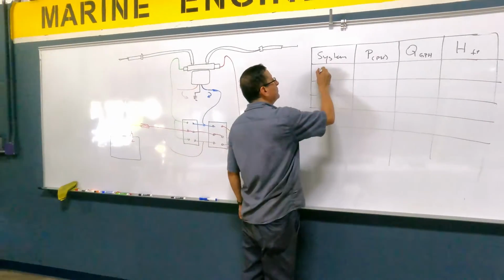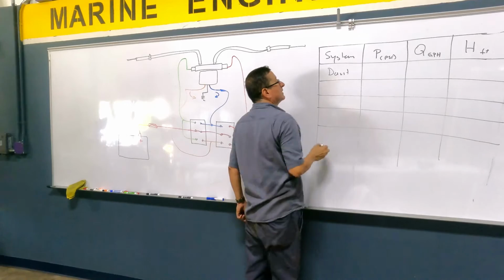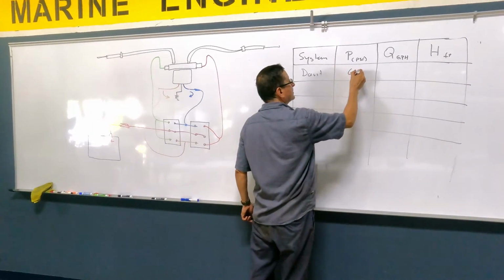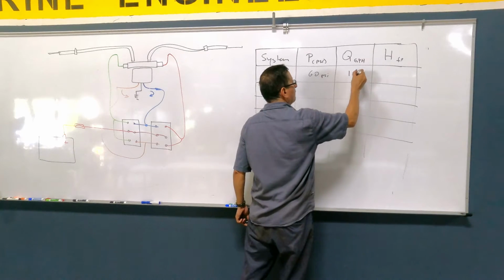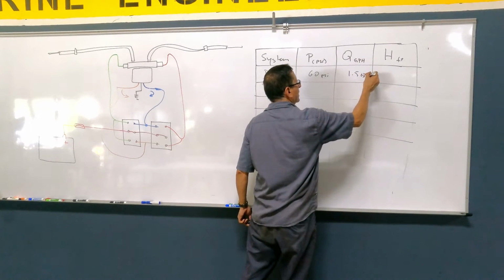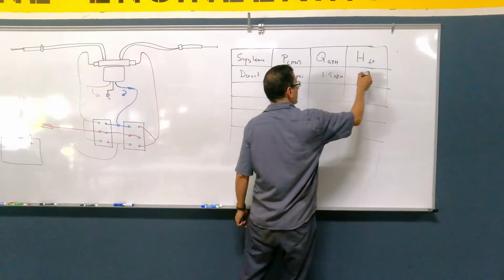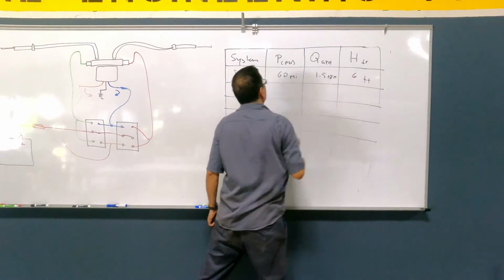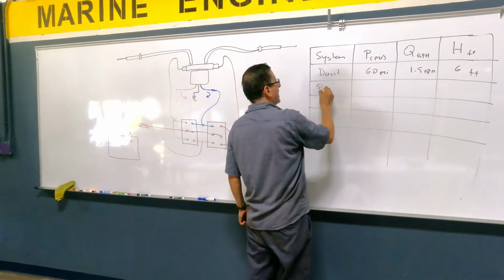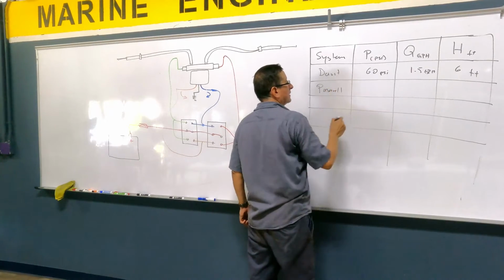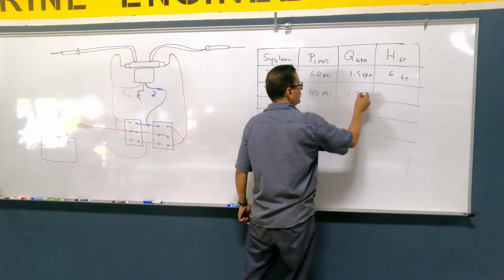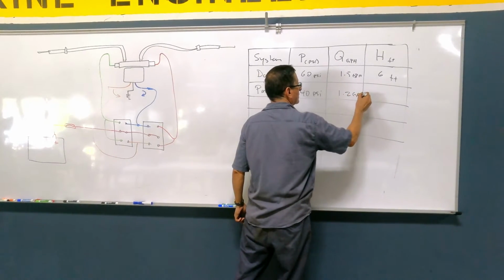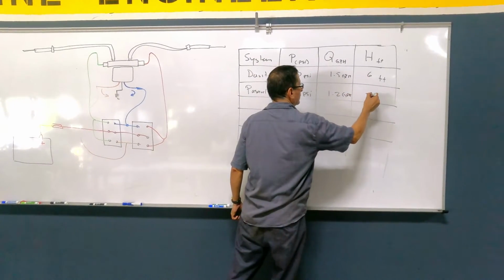For example, for the davit, the pressure is 60 PSI, the flow is 1.5 gallons per hour, and the head is 6 feet. For the passerelle, it's 40 PSI, 1.2 gallons, and 3 feet.